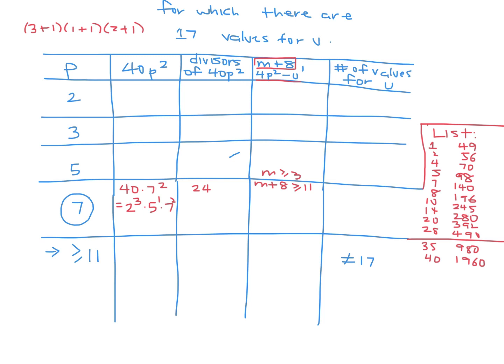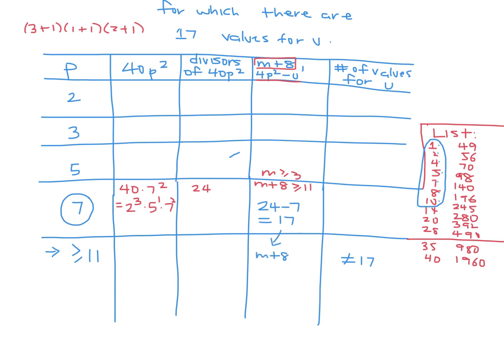We can get rid of, I think, these ones. Because m plus 8 has to be greater than or equal to 11. Those are obviously not. So that's how many? 1, 2, 3, 4, 5, 6, 7. So 7 of those are invalid. So of the 24 in the list, I have to get rid of those 7. And that leaves me with 17. So that means there's 17 possible choices for m plus 8.